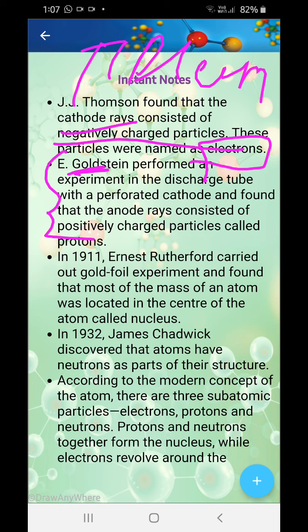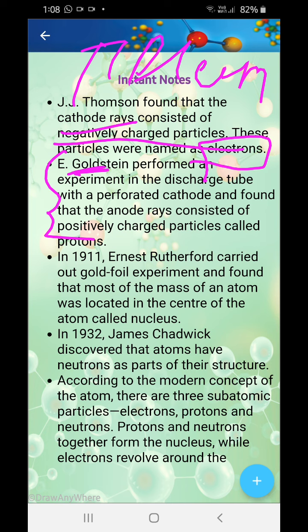E. Goldstein, what did E. Goldstein do? Goldstein took a discharge tube with a perforated cathode and found the anode rays which are positive and consisted of positively charged particles which we now call protons. So E. Goldstein thought, but the charge of the electrons is negative, but the atom is electrically neutral.